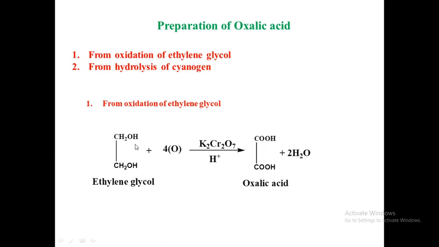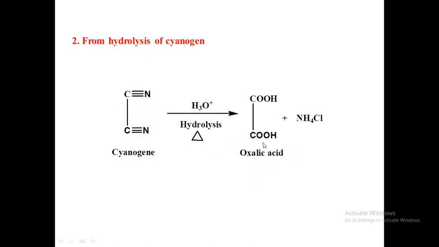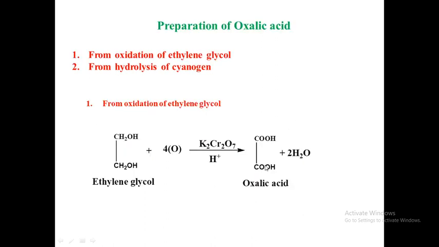In the reactant there are only two oxygens, and in the product there are four oxygens. That means addition of oxygen, that is oxidation. This is the first method for the preparation of oxalic acid from ethylene glycol, and this is the structure of ethylene glycol.